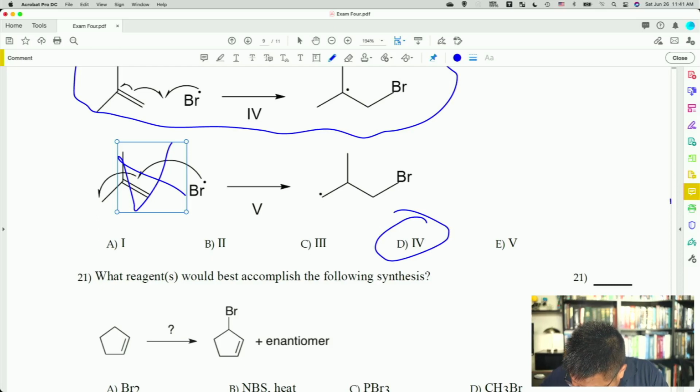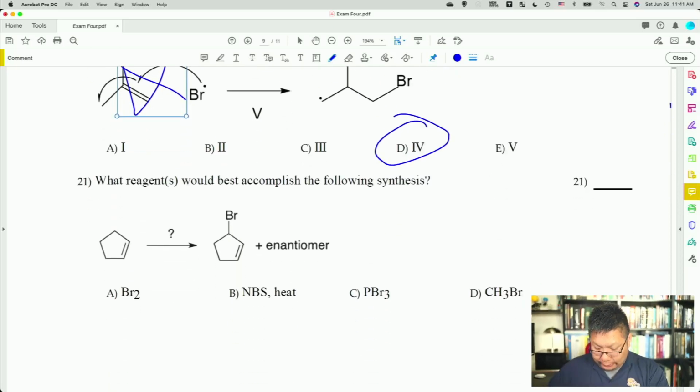Okay, next one. What reagent would best accomplish the following synthesis? Well, we have here an allylic halogenation of bromine, or rather allylic addition of bromine to an alkene.